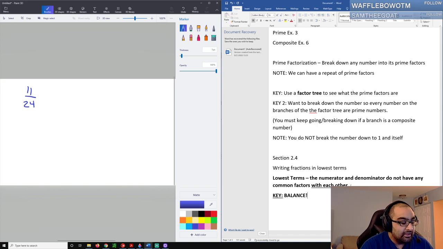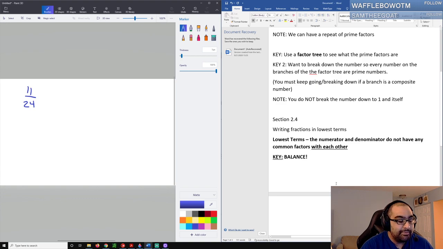We want to be able to balance things out. We'll see in this section exactly how we can balance things out. Balance is the most important thing when it comes to algebra, and any of the techniques we're going to be doing will require us to do that. I stress it because it makes things significantly easier when you put your mindset into balancing things out.